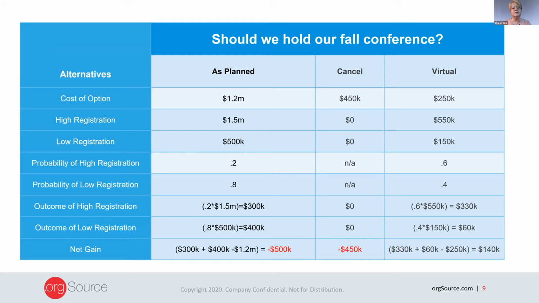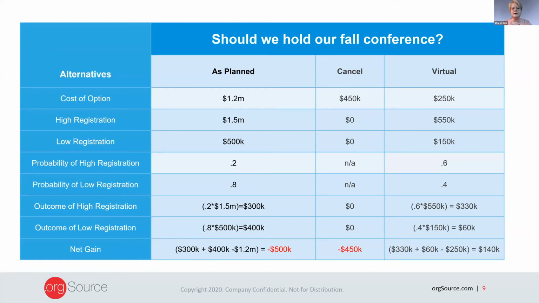So now let's look at the outcomes. The formula essentially is that we take the probability, in this case 0.2, multiply that by what our high registration estimate is, and you can see that we come up with $300,000 here. Same thing with the low registration.